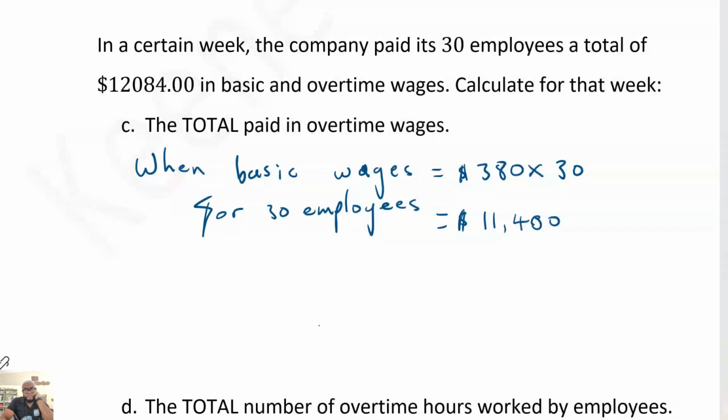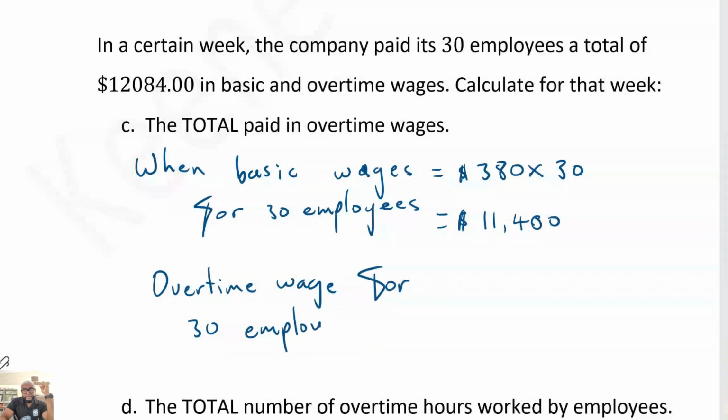So we are going to find the overtime wage for 30 employees. So that will be equal to 12,084 minus 11,400, right?